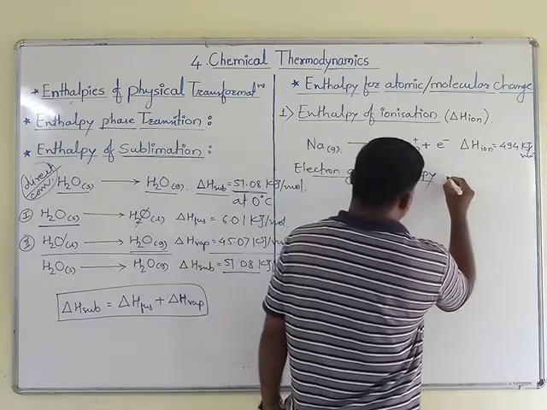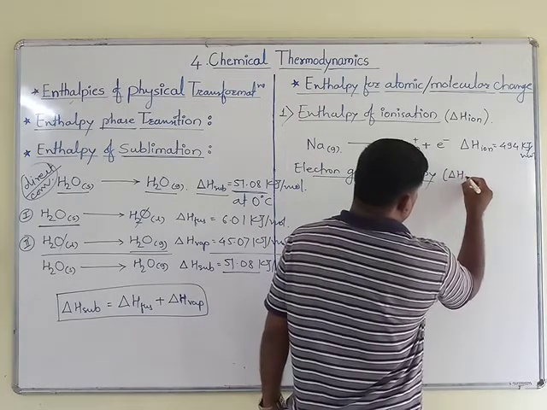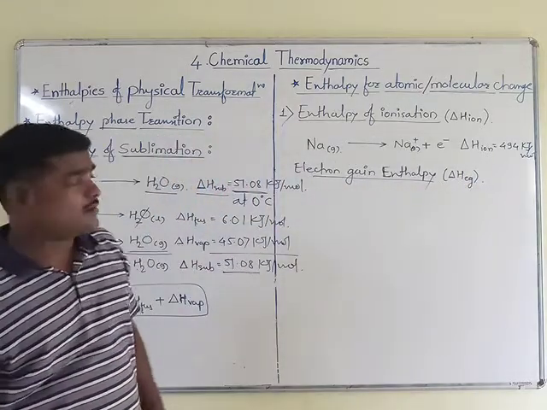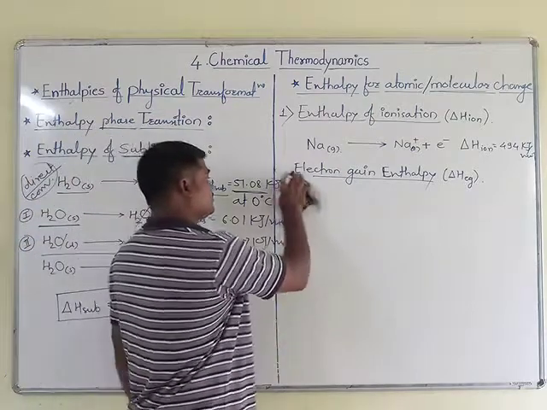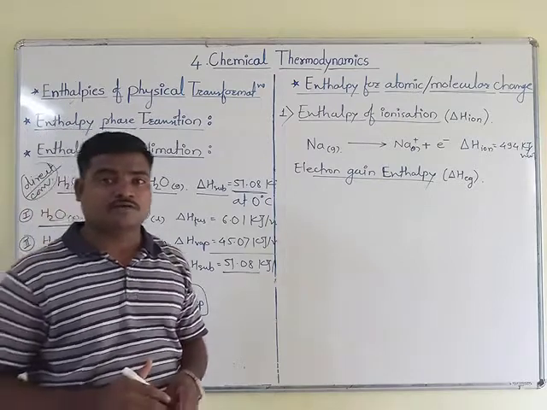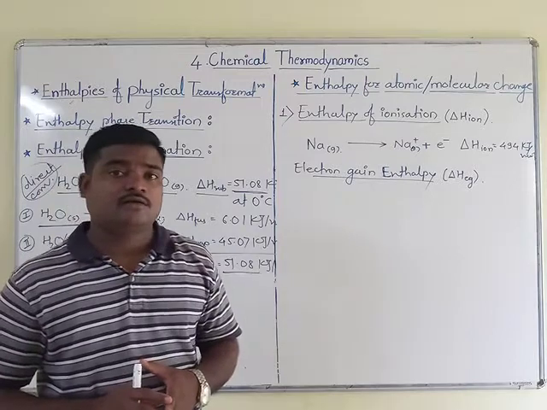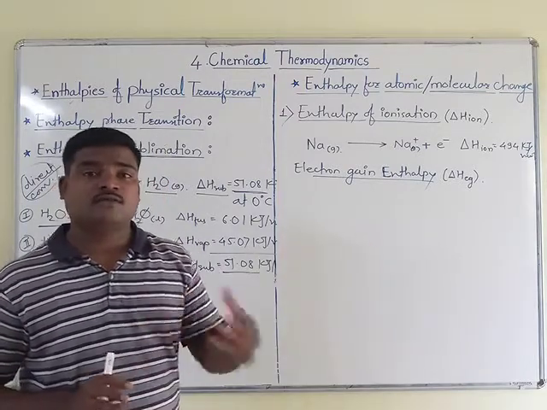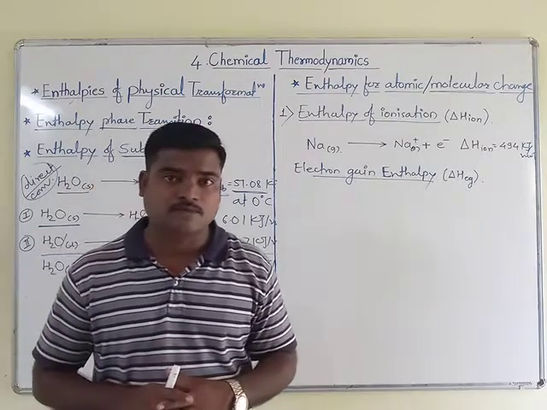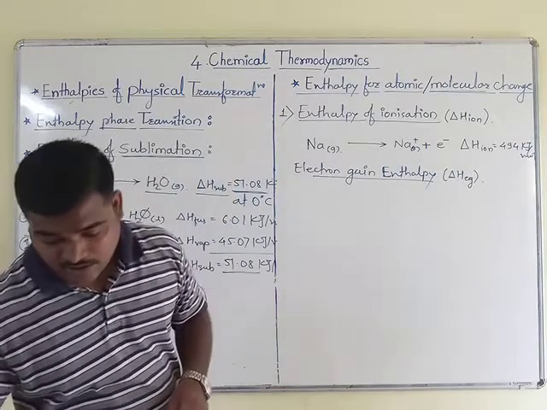The notation for this enthalpy change is delta H EG, meaning electron gain enthalpy. For this conversion we will take the example of chlorine. Chlorine is an electronegative element and it has to stabilize. For its stabilization it will gain 1 electron from sodium. The opposite process will take place.